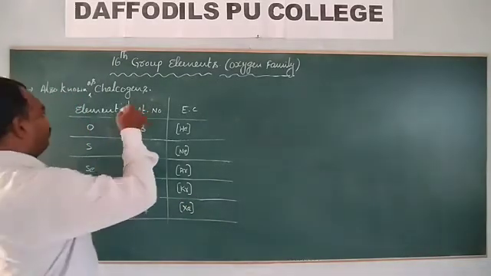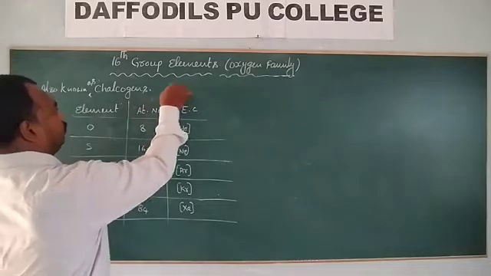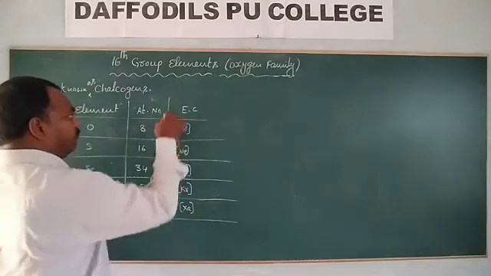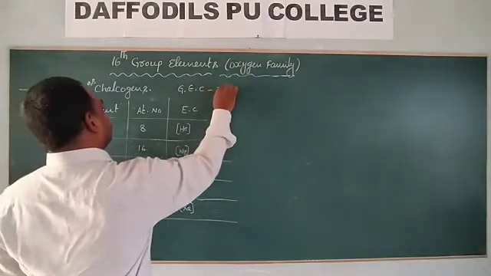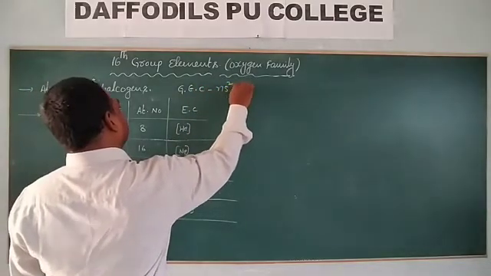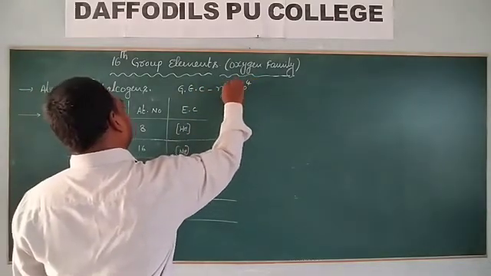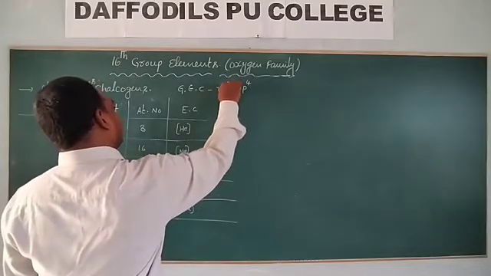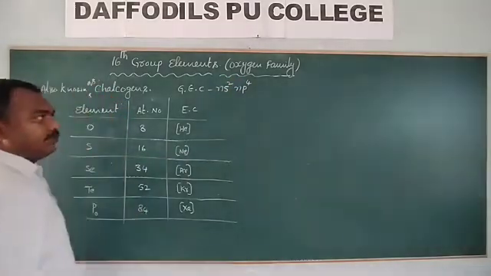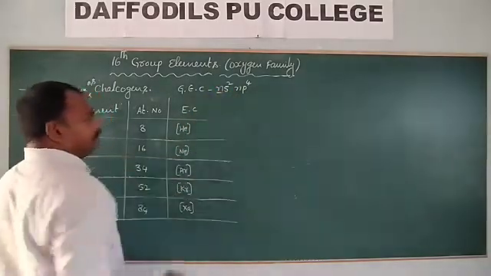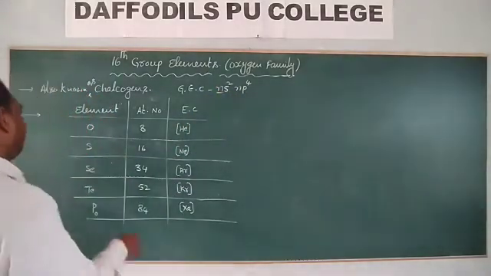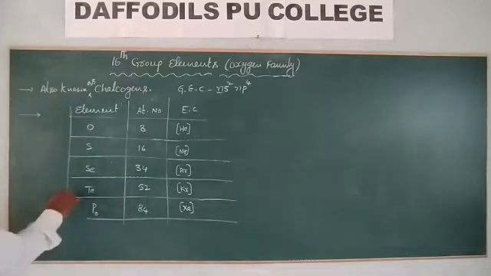The general electronic configuration of these 16th group elements is ns2 np4. Here n is equal to the period number.